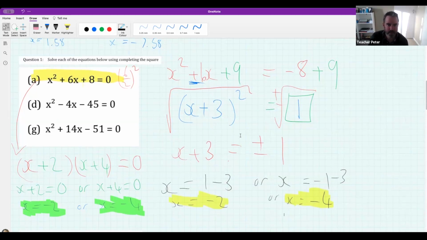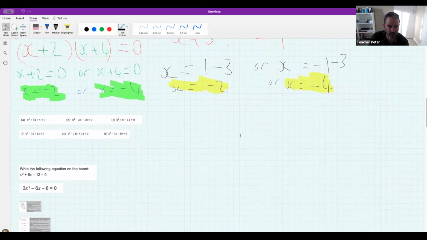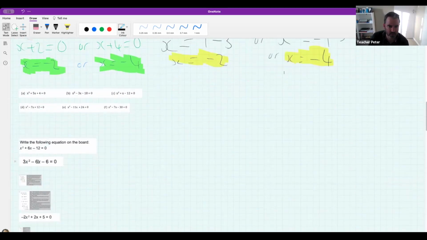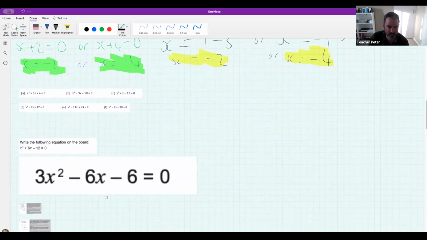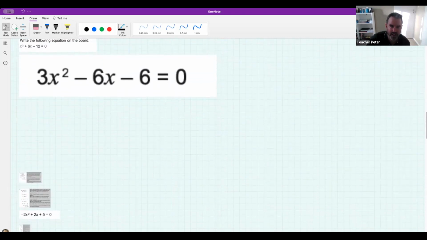Okay, let's do this one. This is a bit more tricky. So, let's say we have to solve this equation by completing the square.